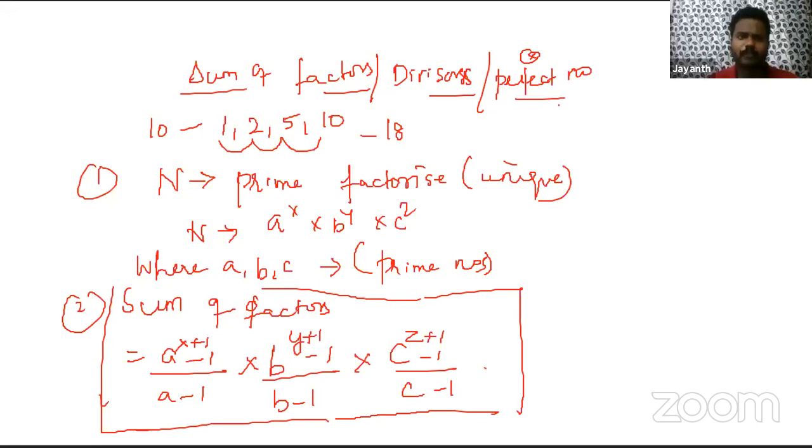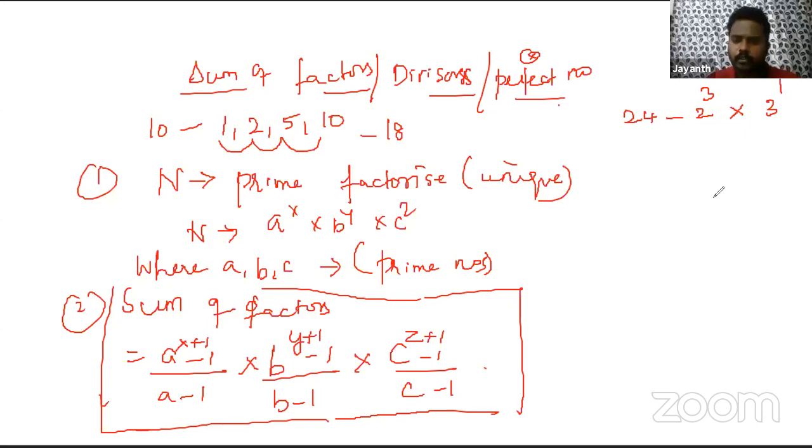Sir, what is this formula? Listen here. If you see it like this, you won't understand, so I'll give you an example. Take 24. If you prime factorize it, as I already explained, it is 2 power 3 into 3 power 1.